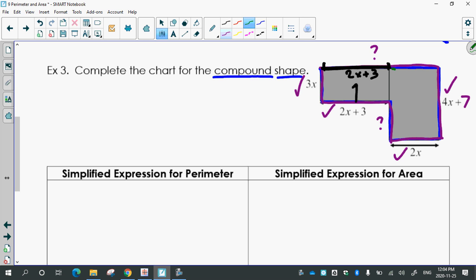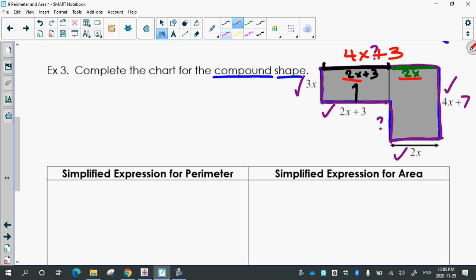And how about this bit here, just from here to here? 2x. So if I combine these together, I have 2x and another 2x, which makes this top part 4x plus 3. Does that make sense? I now know the whole top is 4x because I have 2x here and another 2x here, which gives me the 4x plus 3. So now I've got one of my question marks.